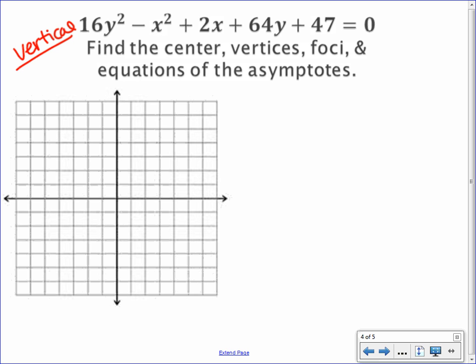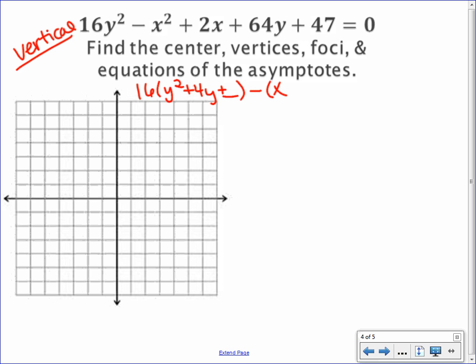So to complete the square, from our y squares, we need to factor out 16. So we have y squared plus 4y plus a mystery number. What do we need to factor out from the x's? A -1.